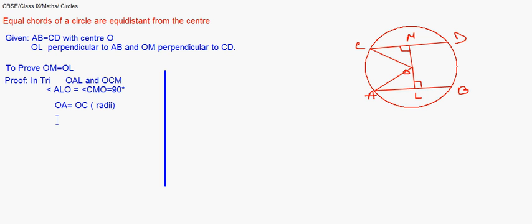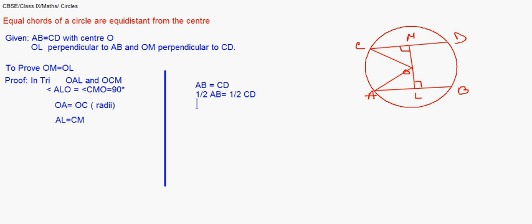How is AL equal to CM? Now AB is given equal to CD. Half of AB will also be equal to half of CD. Why is M the midpoint of CD and L the midpoint of AB?